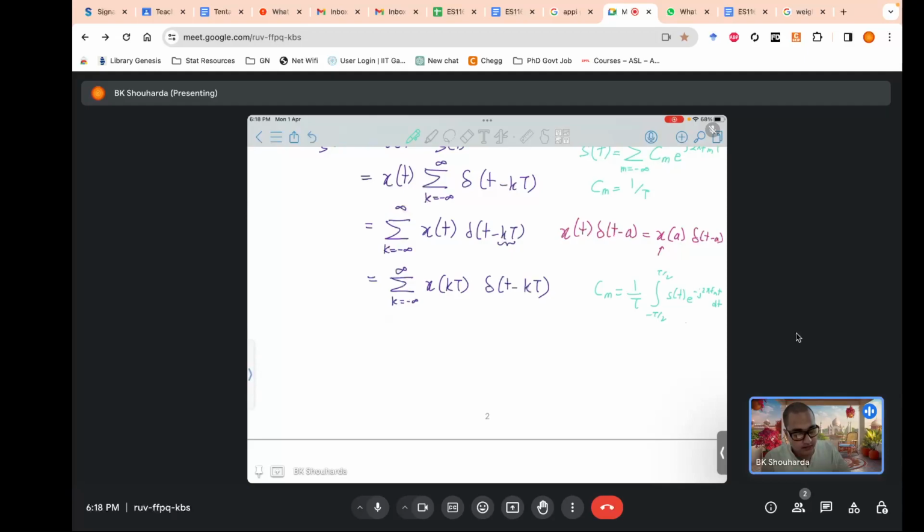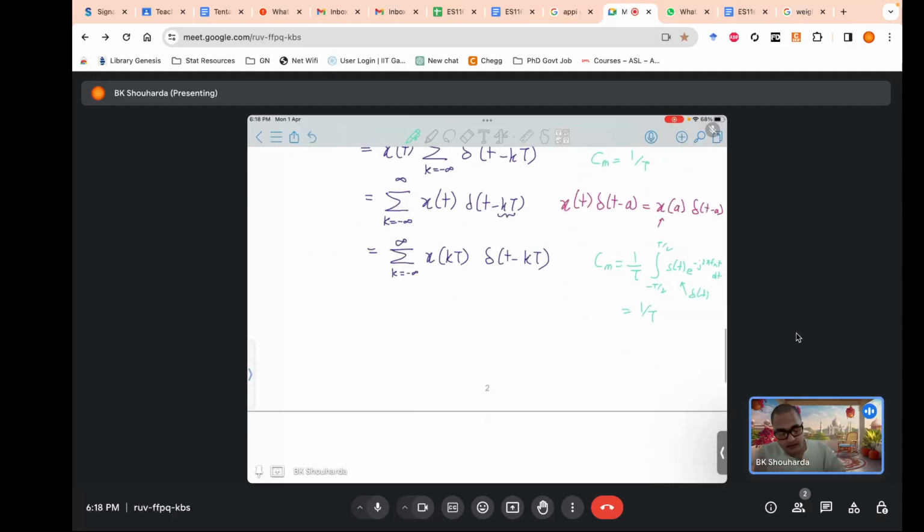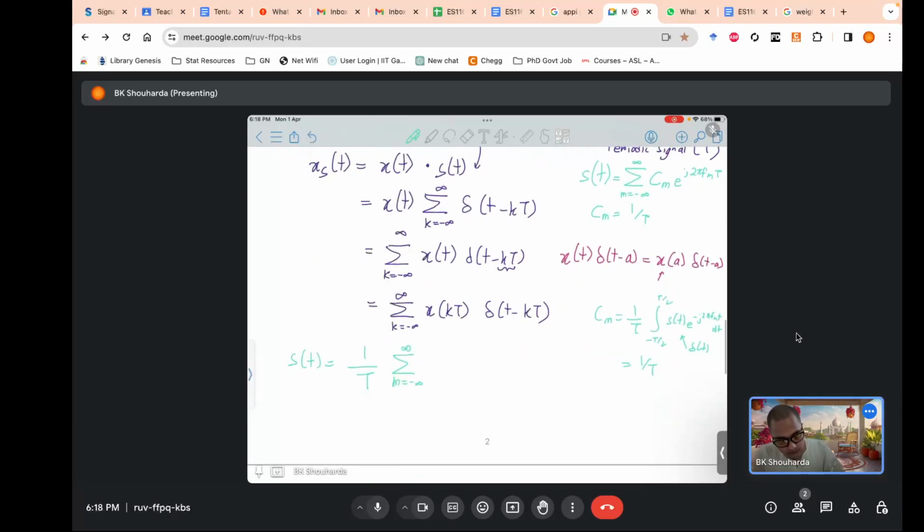So s of t is actually delta of t, so it becomes delta of t minus 0, so I get 1 upon T. Okay, c m is 1 upon T, so I can write s of t as 1 upon T summation m equals minus infinity to infinity e to the power j 2 pi m f naught t.